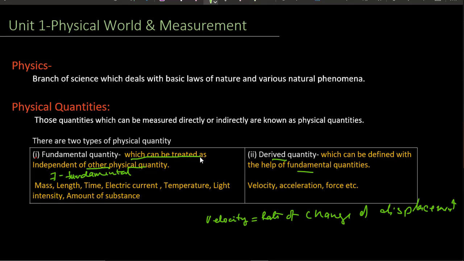Here, displacement is length, and rate means time. So velocity is expressed in terms of fundamental quantities, that is, length divided by time. A quantity expressed in terms of fundamental quantities is called a derived quantity.